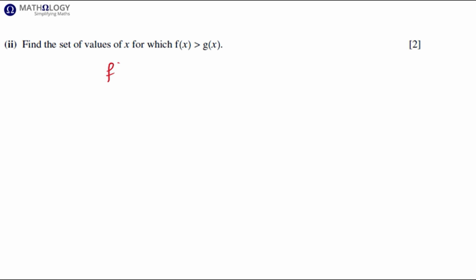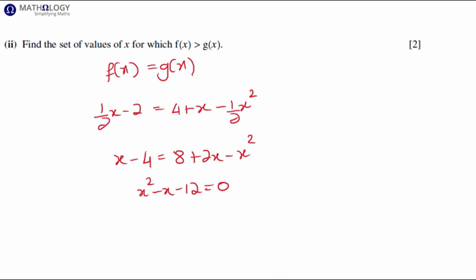We've already solved f of x equal to g of x, which yielded this quadratic, x squared minus x minus 12 equals 0. So we equated the two functions and found a simplified resulting quadratic out of that. Now, the only difference between f of x equals g of x and f of x is greater than g of x is we've replaced the equality sign with an inequality.